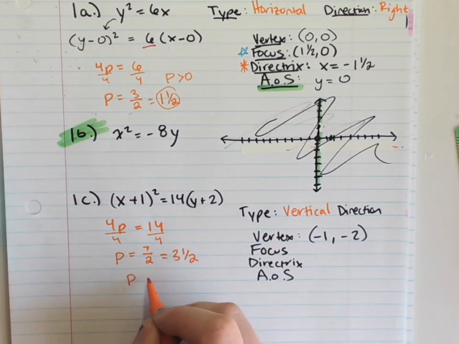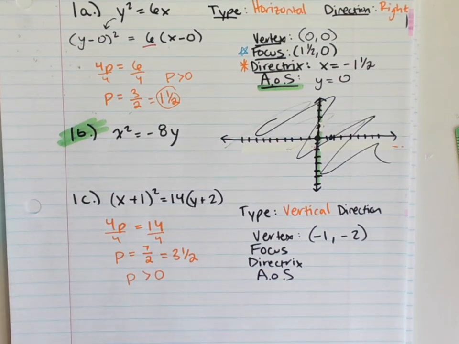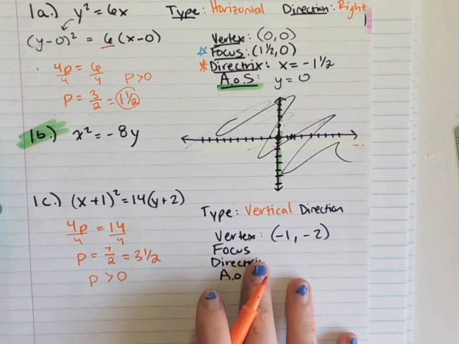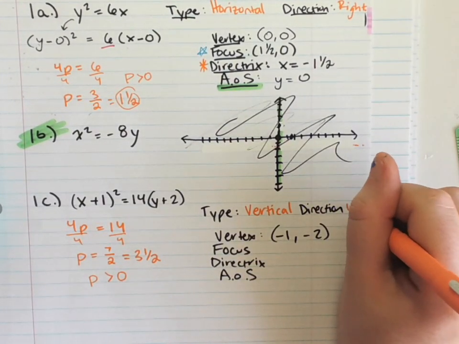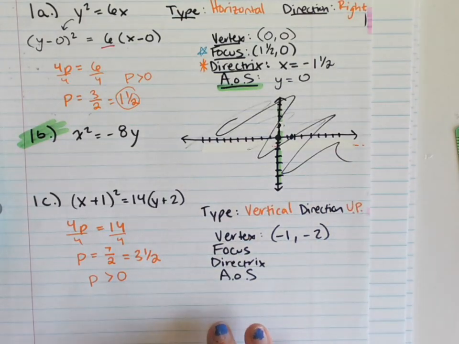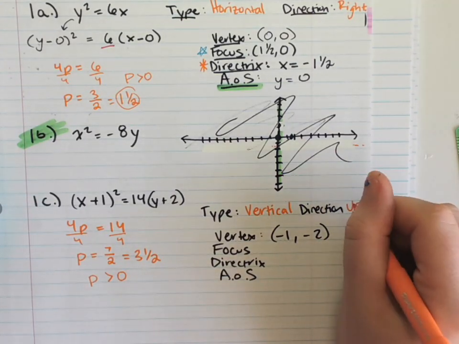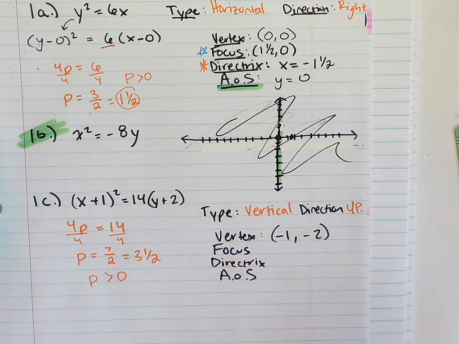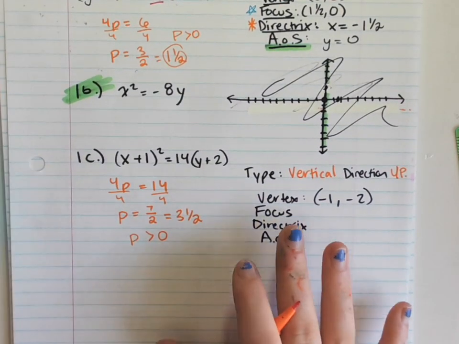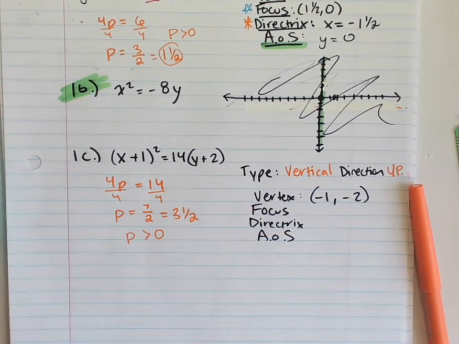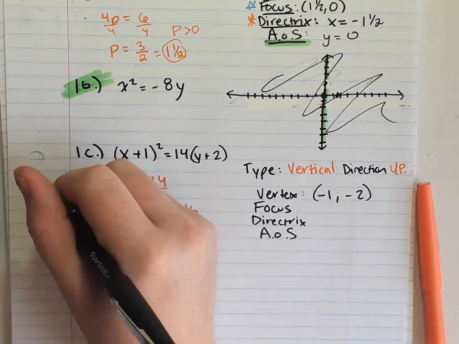So p is positive, so it's bigger than 0. If it's bigger than 0, it's going to face up. I don't know why I put those dots there. That was stupid. Just ignore those points.